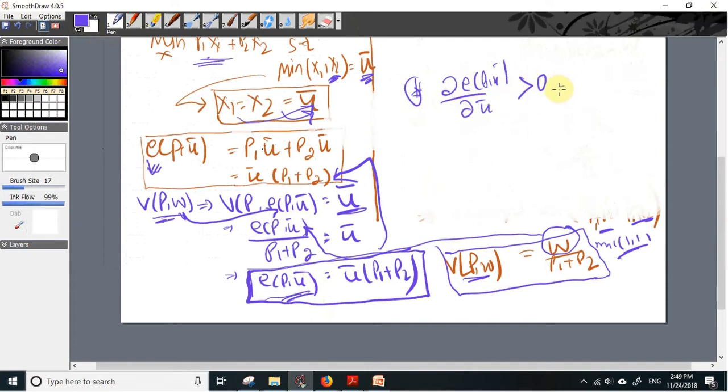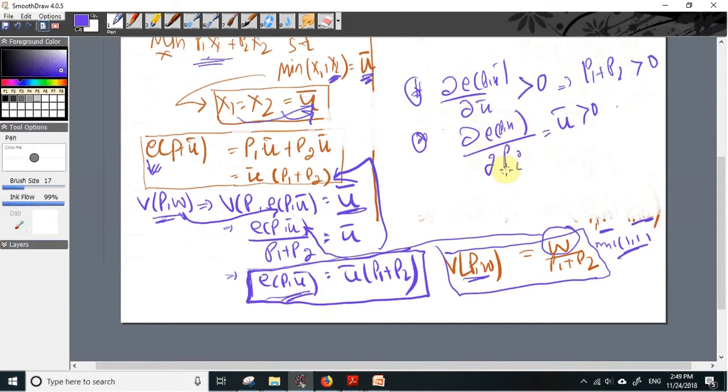Here the derivative is simply p1 plus p2, which is positive. It is also increasing in price, so the derivative of e(p, u bar) with respect to p1 or p2 simply equals u bar, which is also positive. So the expenditure function is increasing in price.